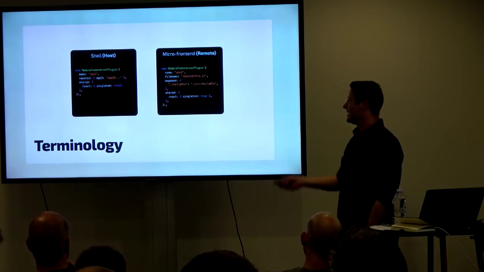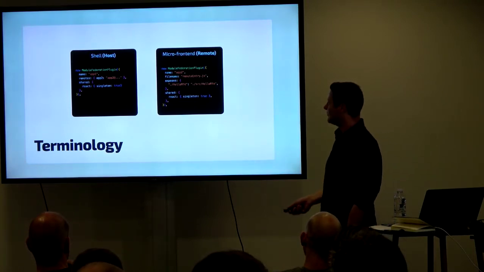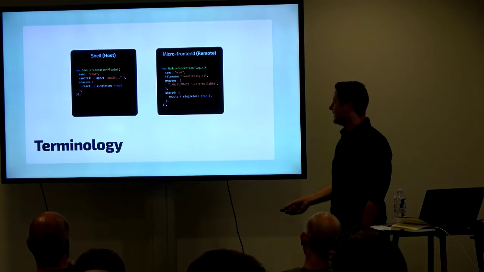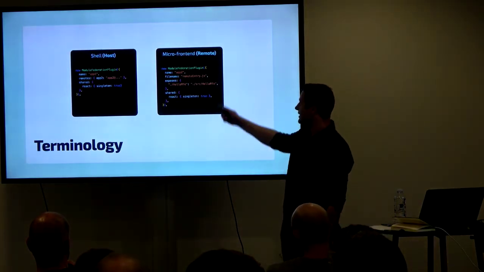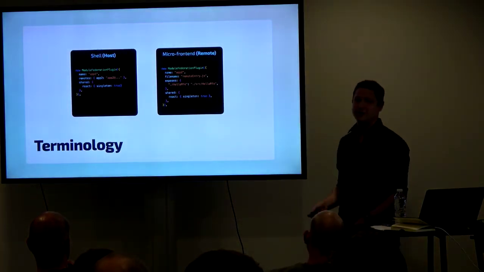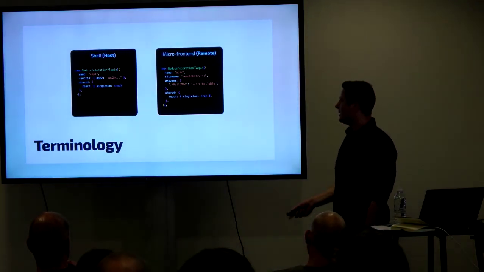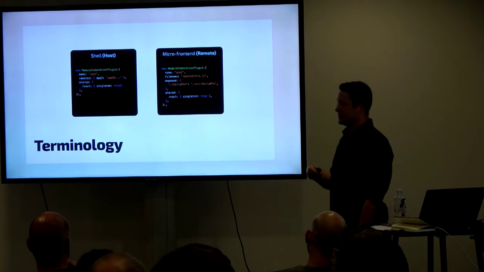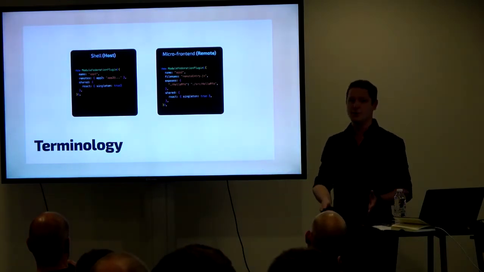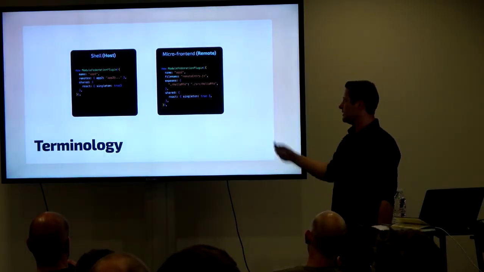In this example, we're going to do a micro frontend, so an MFE, and it's pretty much the name and then the location of the file that we want to share. This one also says that it needs React to run this component, and it needs it to be a singleton.